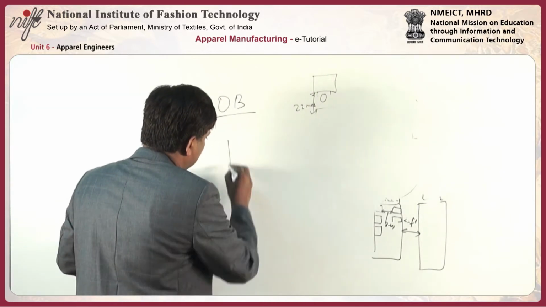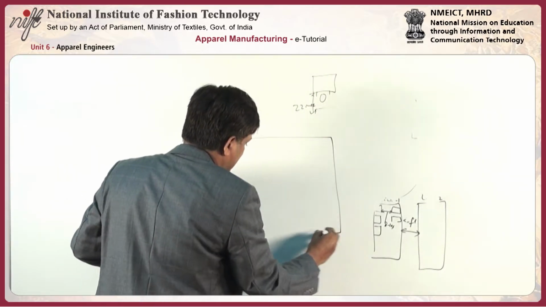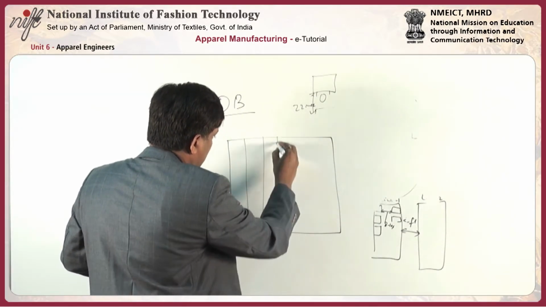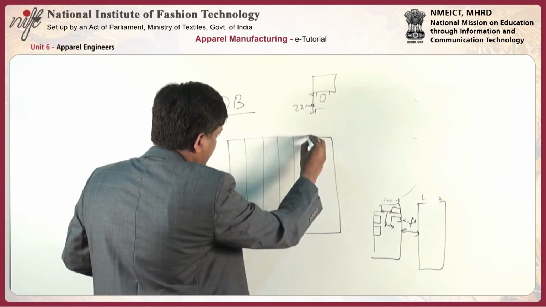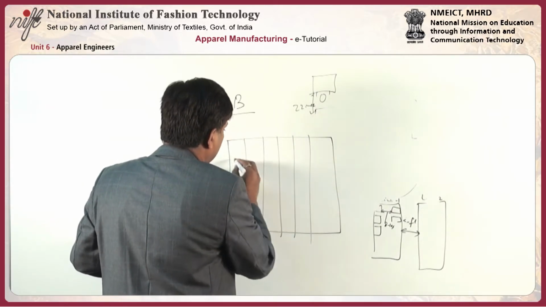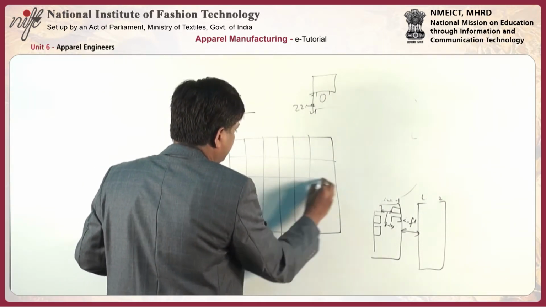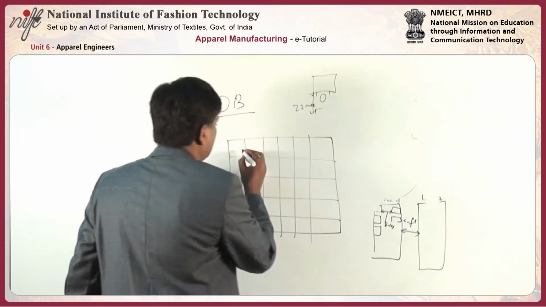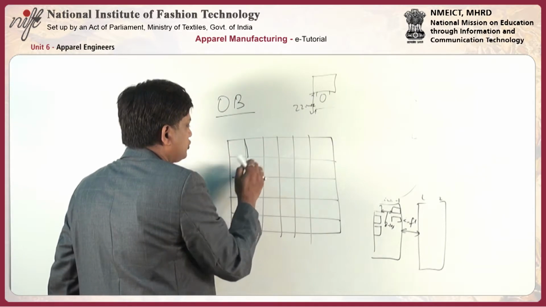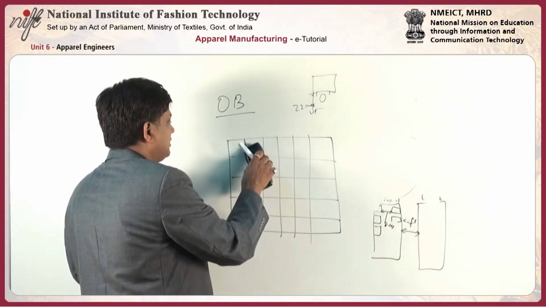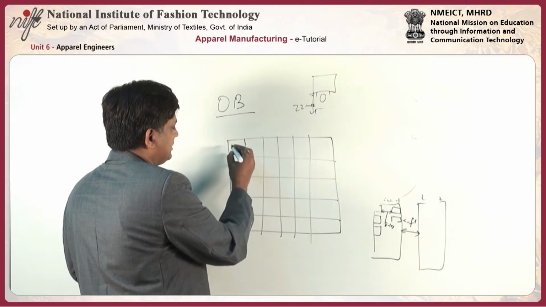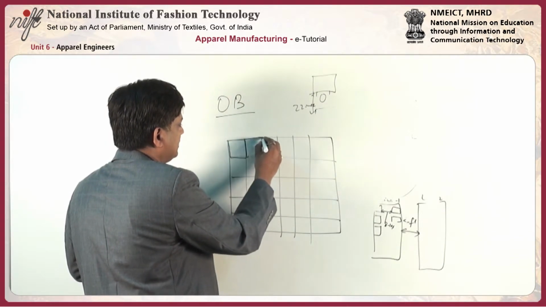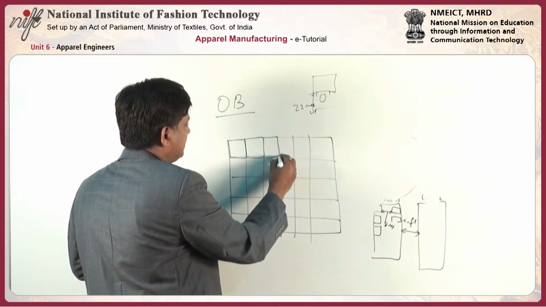The structure is like this: we have small separators, like what is used in a post office, where this is one cell, then another cell, then another cell.